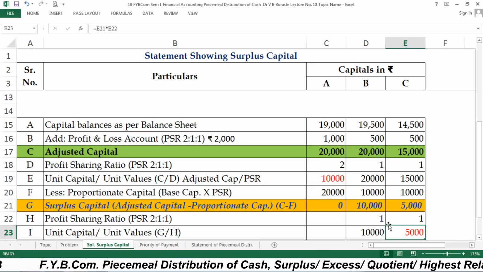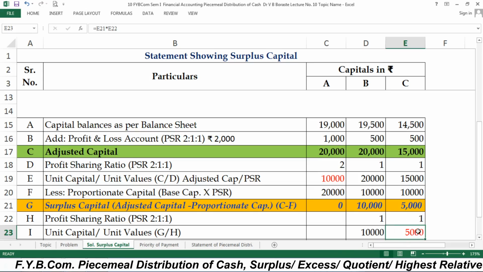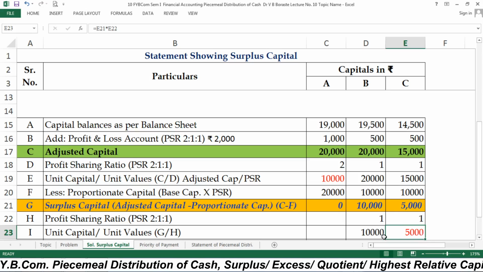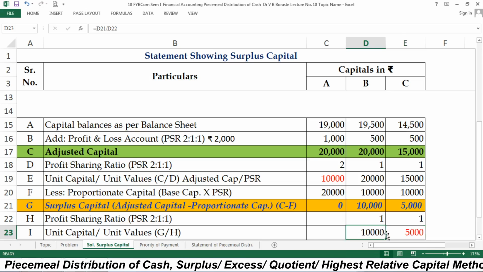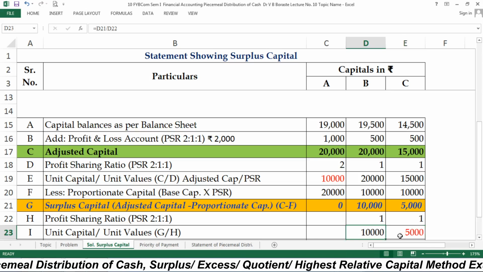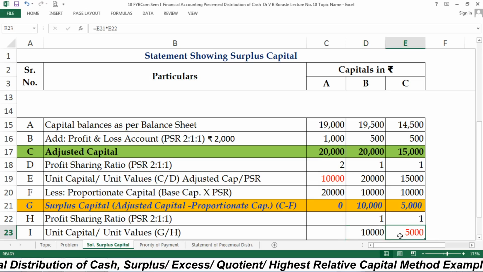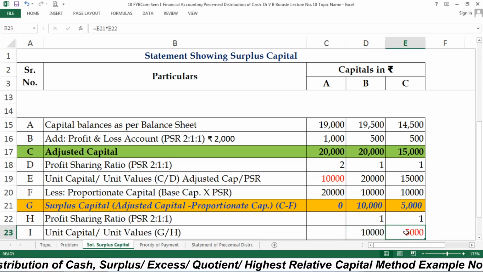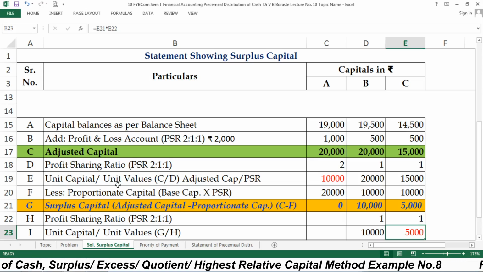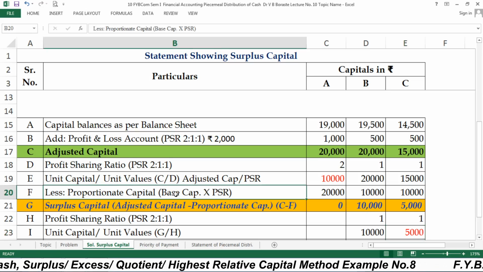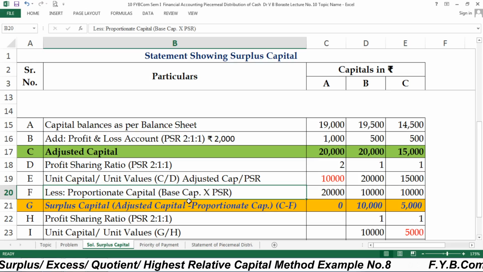Very good. Now you have to find out the least amount. You can see here two amounts are given. 10,000 is the unit capital of B, and 5,000 is the unit capital of C. So 5,000 is the least amount, so it will be considered as the base capital. The next step is proportionate capital. So proportionate capital means what?